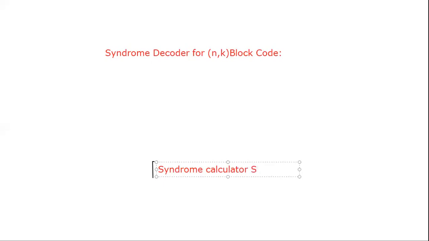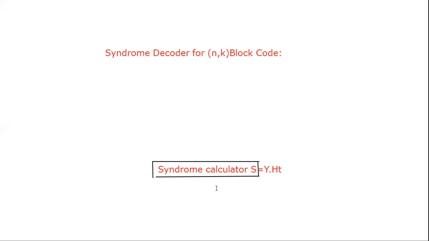Syndrome calculator: S is equal to Y into H transpose. Please write H transpose; here I simply want to write HT.